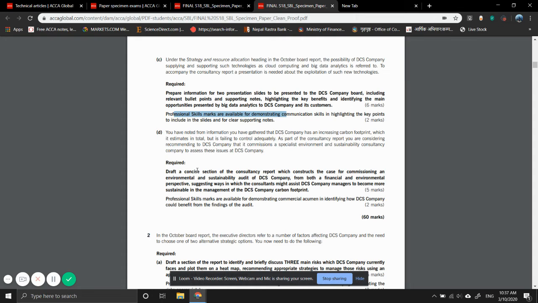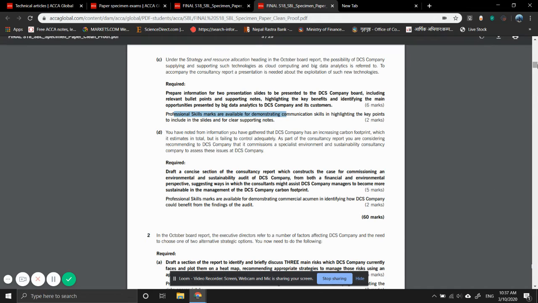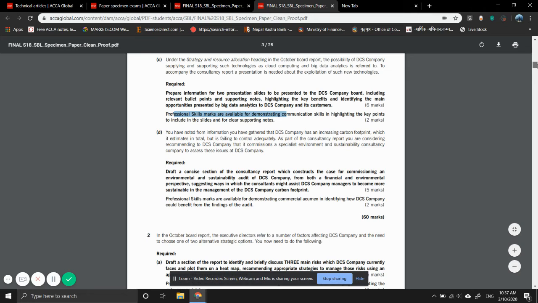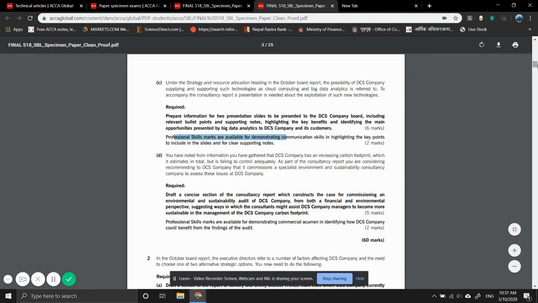Draft a concise section of the consultancy report which constructs the case for commissioning an environmental and sustainability audit of DCS company from both a financial and environmental perspective, suggesting ways in which consultants might assist DCS company managers to become more sustainable in the management of DCS company's carbon footprint, and how DCS company could benefit from the findings of the audit.